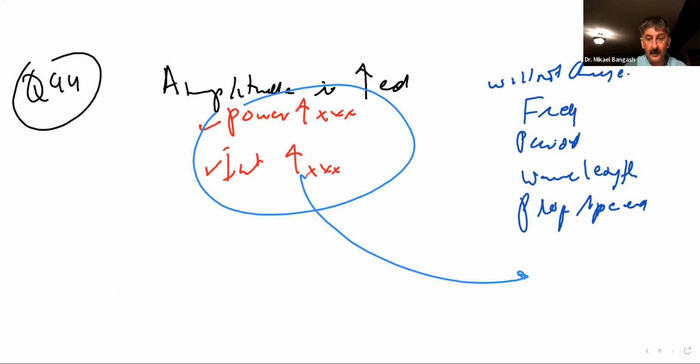Then this will mean I come over here, because when amplitude increases, power increases. When amplitude increases, intensity increases. Clear? So I had said that if amplitude increases, which of the following does not increase?